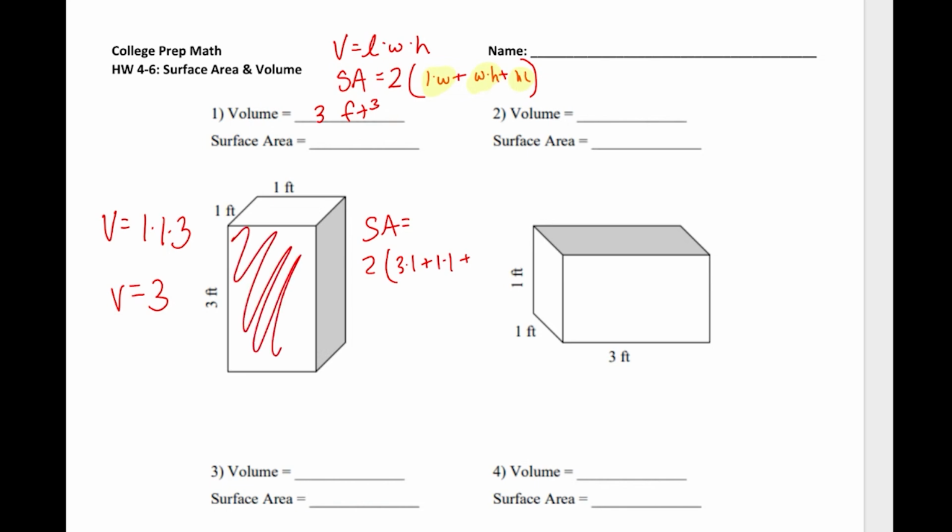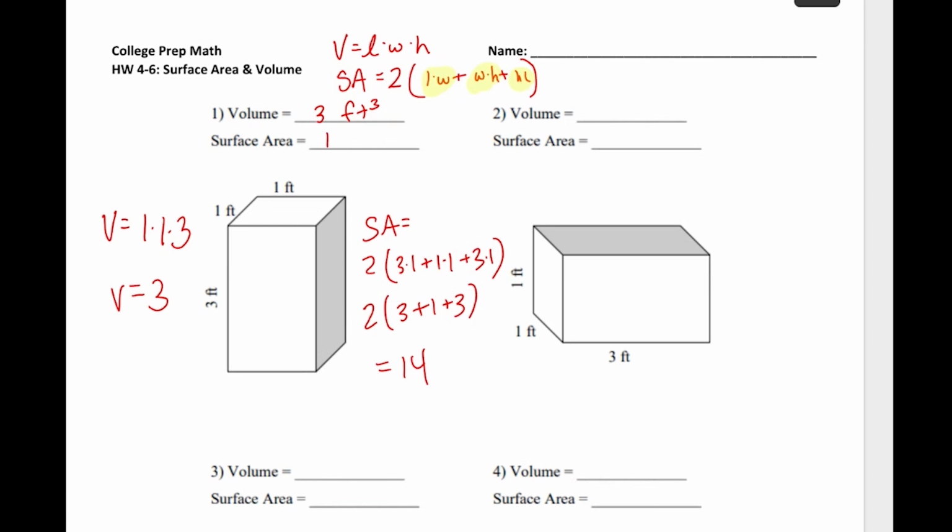So if this side was 3 times 1, this side over here is also a 3 by 1 rectangle. So we're going to multiply all those and add up. So 2 times, we got 3 plus 1 plus 3. 3 and 3, 6, plus 1 is 7, times 2 is going to be a total of 14.